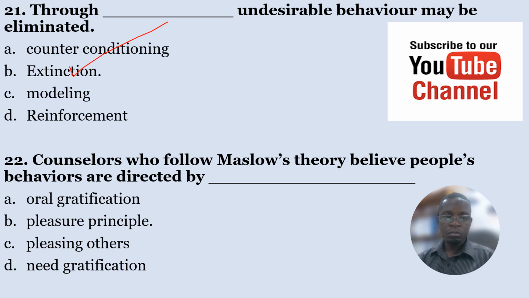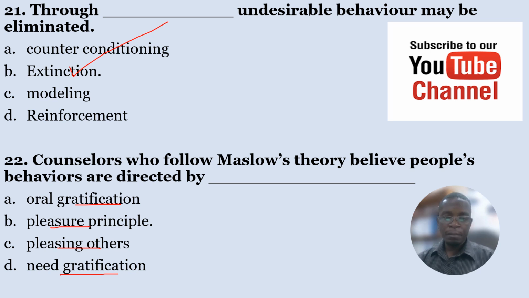Number 22, counselors who follow Maslow's theory believe people's behaviors are directed by A, oral gratification. B, pleasure principle. C, pleasing others. D, need gratification.